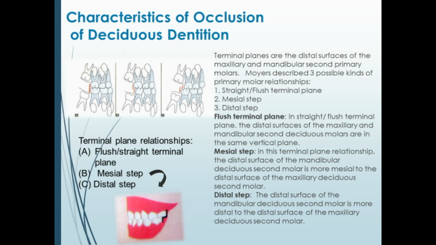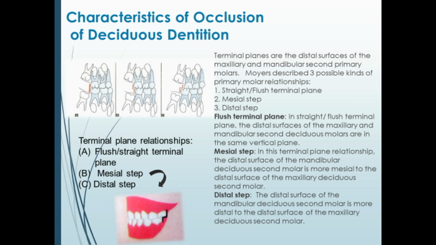Flush terminal plane. In straight flush terminal plane, the distal surfaces of the maxillary and mandibular second deciduous molars are in the same vertical plane. It is of significance to note that the mandibular second primary molar has a greater mesiodistal diameter than the maxillary second molar.